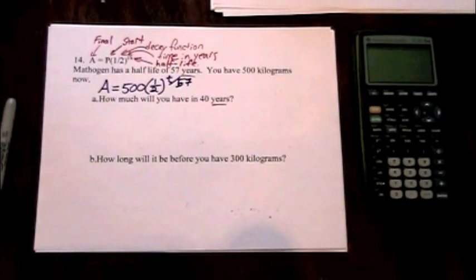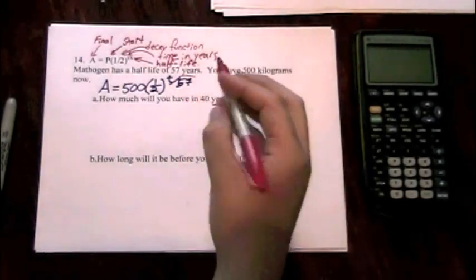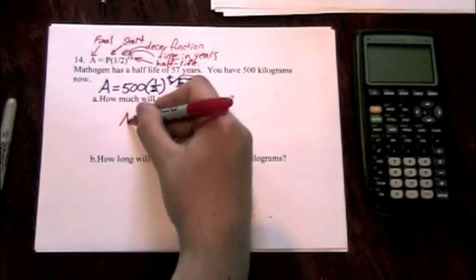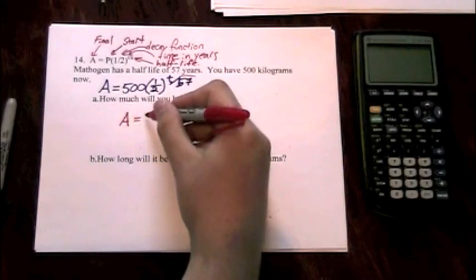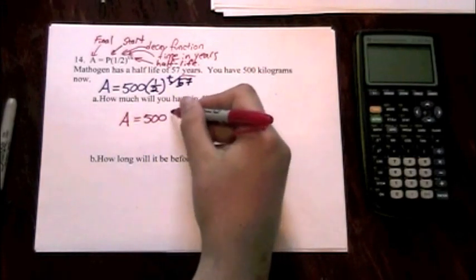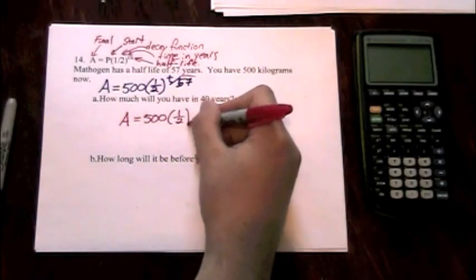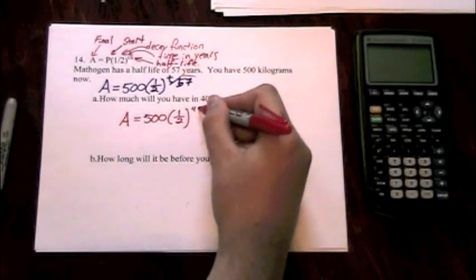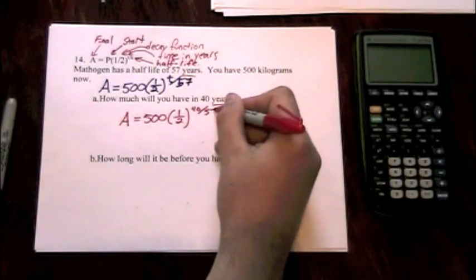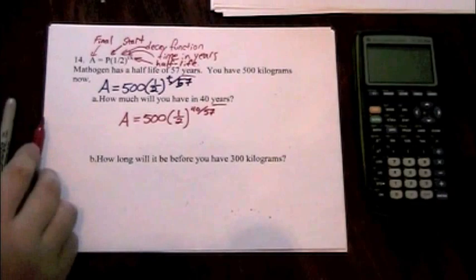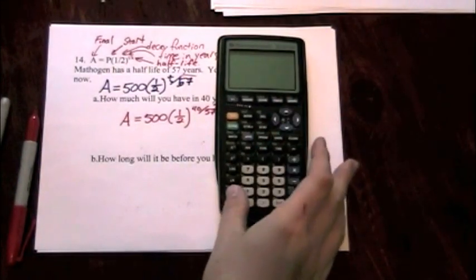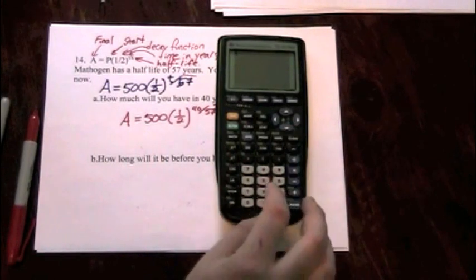Part A asks us to plug in 40 years for T and give us some kind of answer. So if we have A equals 500 times 1/2 to the 40 divided by 57, I could actually plug this entire thing into my calculator and be done with it.